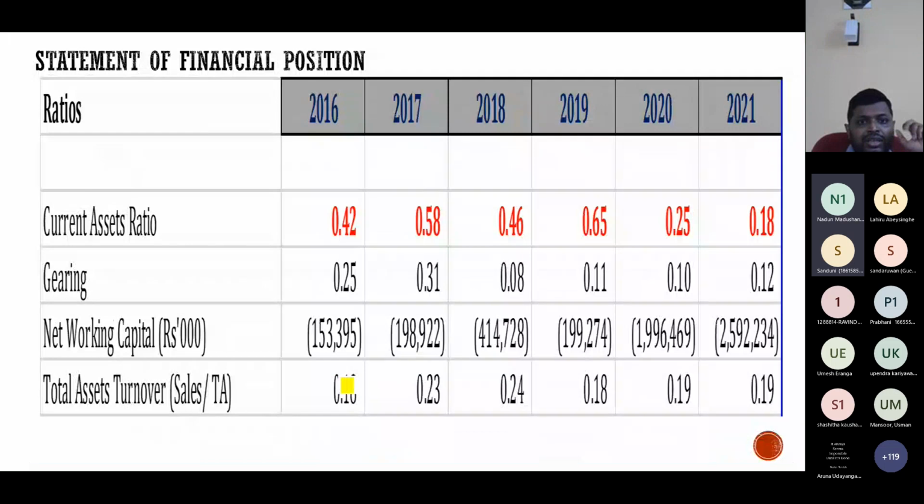Important ratios, current asset ratio, you can see 0.4 to 0.5865. The liquidity position further deteriorated over the period. Gearing, debt divided by equity, I simply said debt to equity ratio. Debt to equity ratio is low, that means a low geared company, that means high equity, low debt.